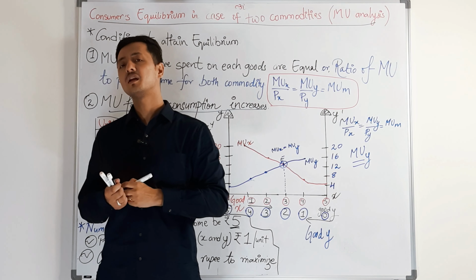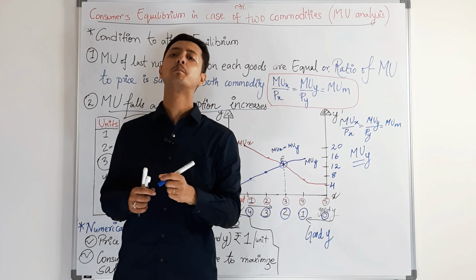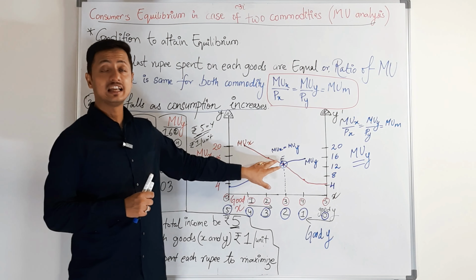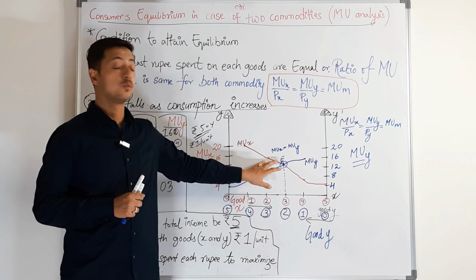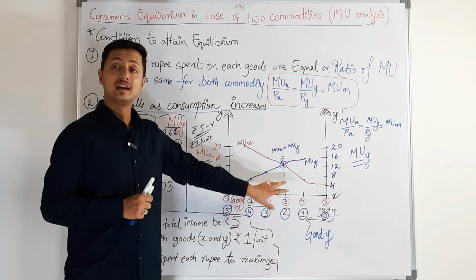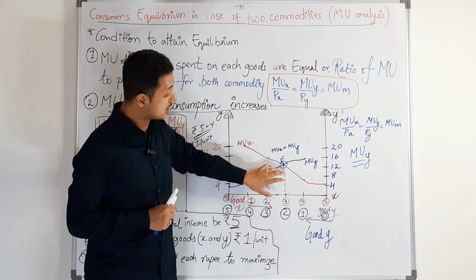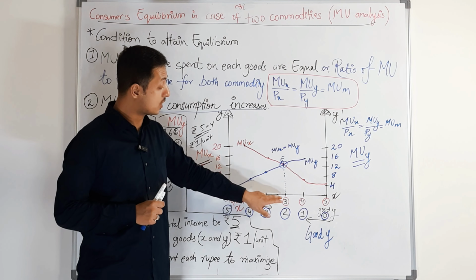We can explain this in very simple language by just saying that the point E is where we attain the equilibrium, and the imaginary line corresponding to it falls down at 3.